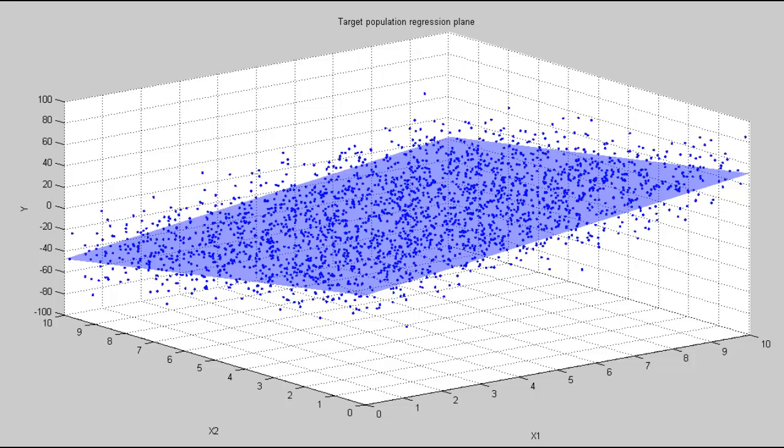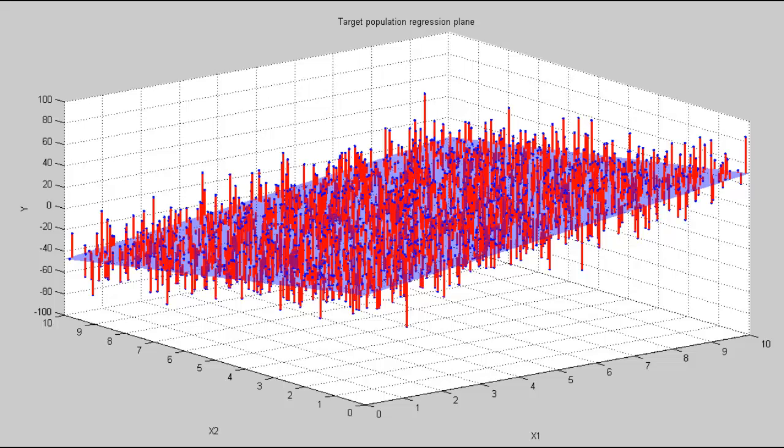So here we can see the data points, and if we add the random portion using a red line, we can see all the random portion of the data generating process. That's the red. The blue is the structural portion. The red is the random portion.